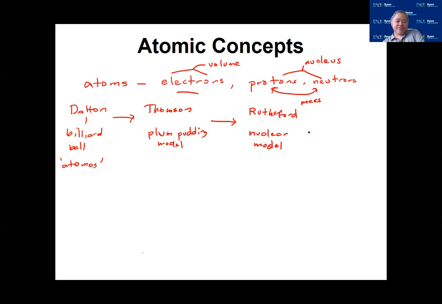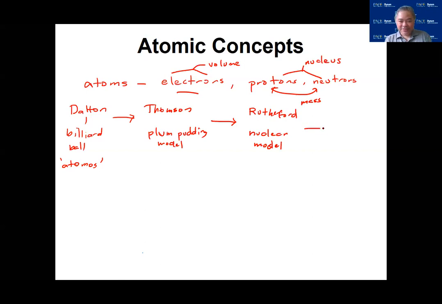And this one is responsible for the mass of the atom, and this one's responsible for the volume of the atom. Now, from the plum pudding model, Rutherford developed the nuclear model because if the plum pudding model is going to work, okay, the alpha scattering that Rutherford threw to the gold foil will pass through. But based on the result, some of them deflected, some of them hit back, okay?